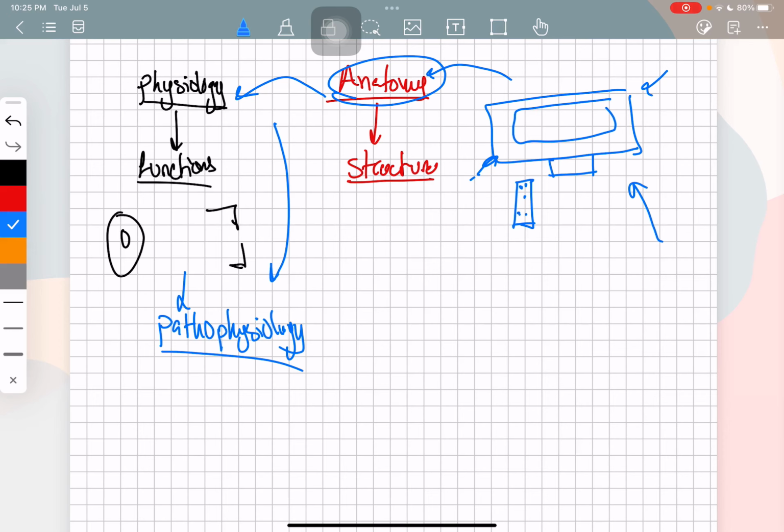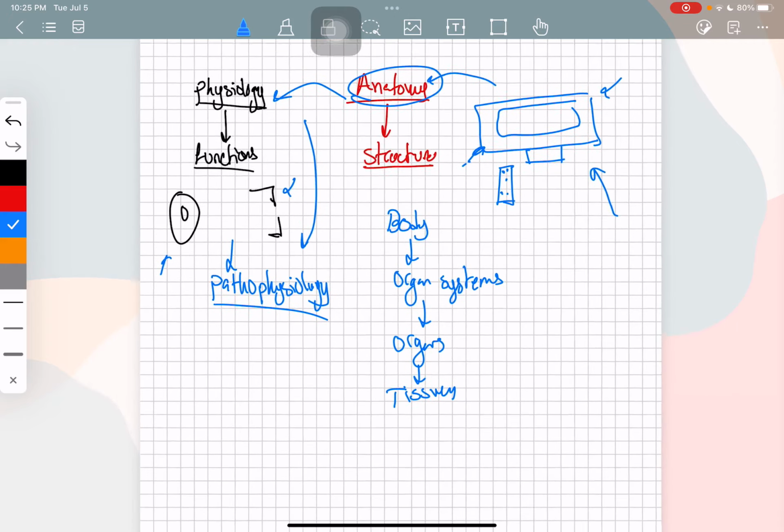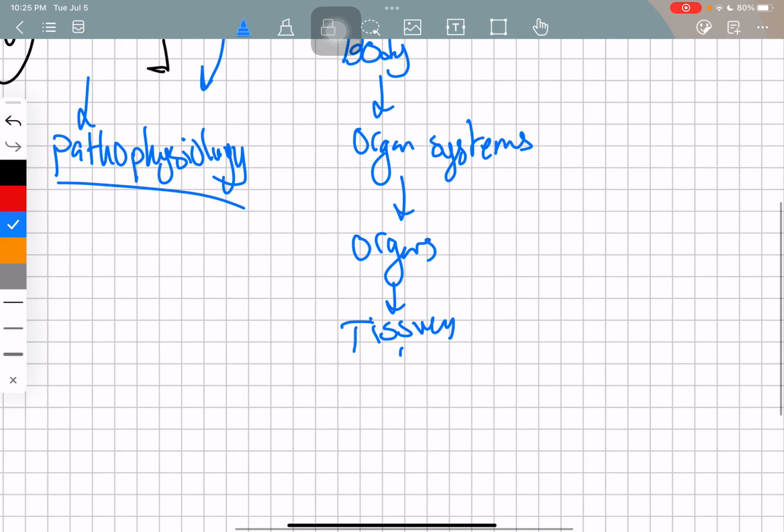Now, it is important to understand the components of physiology. Physiology, we said, could be at a cellular level or at a systemic level. In the systemic level, we're talking about the systems in the human body. So we have the human body, and it's broken down into organ systems, then organs, then tissues, and from those tissues are millions and trillions of cells.